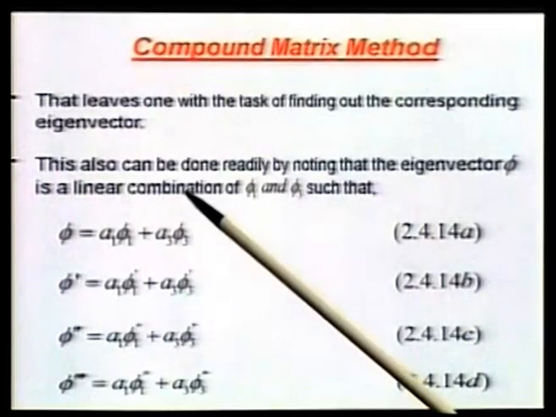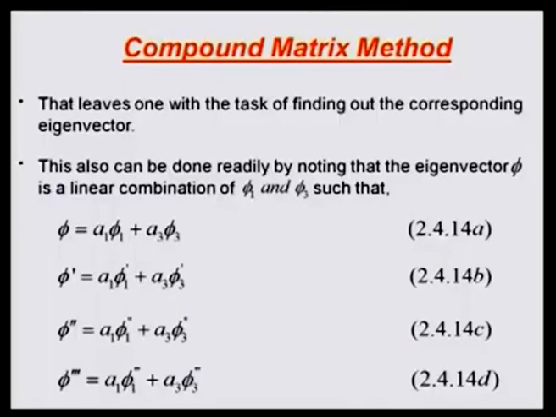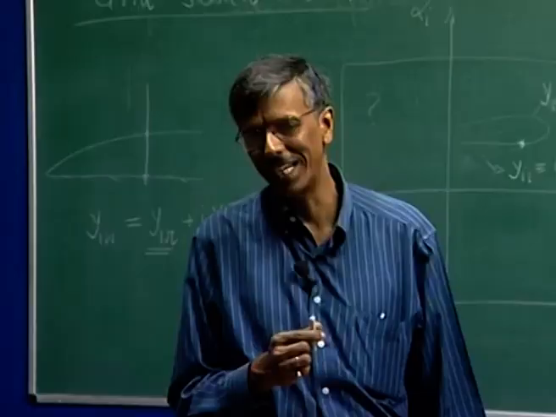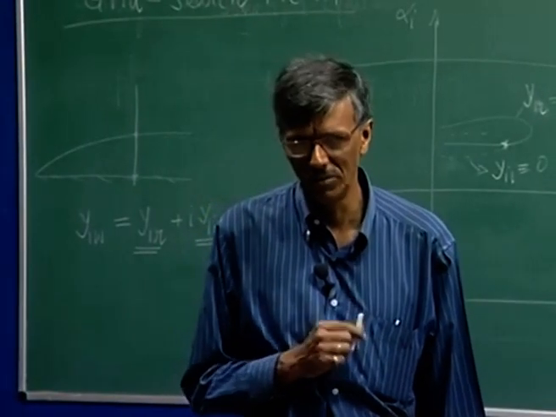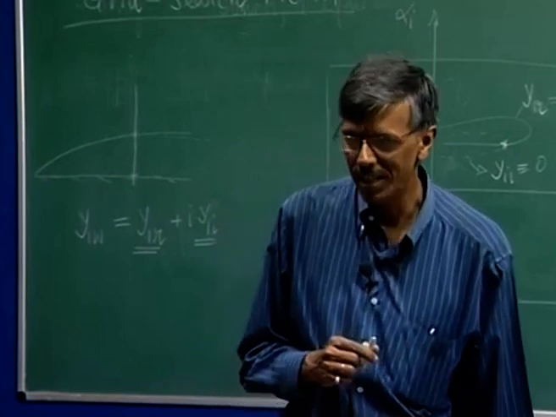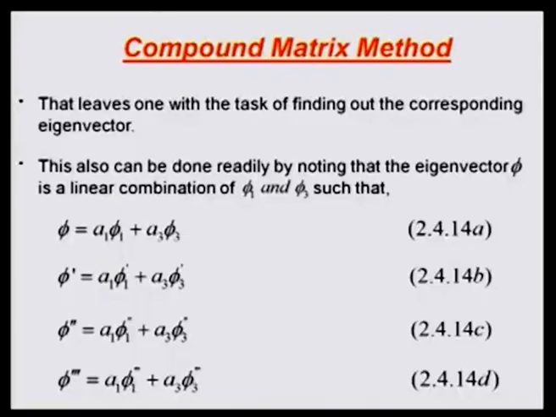So, if for a problem I know what this A 1 and A 3 is, and if I can contrive to get phi 1 and phi 3, I can talk about what phi is. That is my eigenfunction. Unfortunately, in adopting this compound matrix method, we did not find out phi 1 and phi 3. We found out those y 1 to y 6.